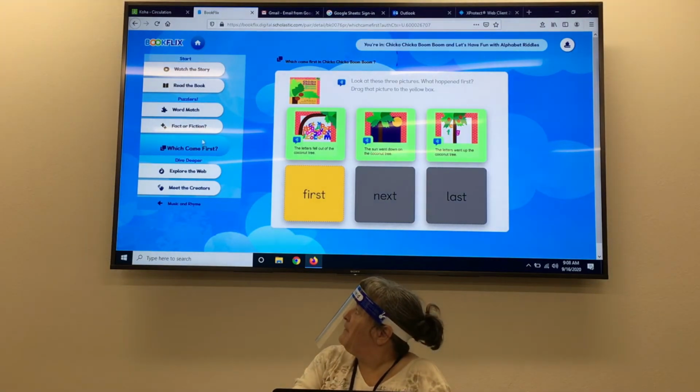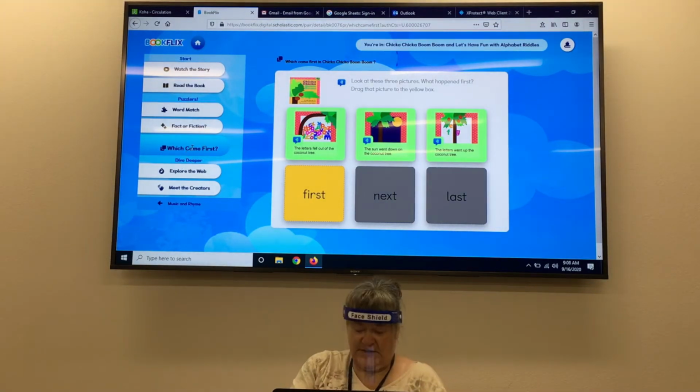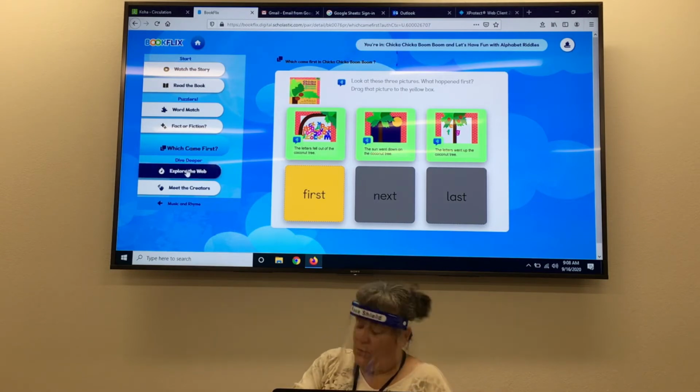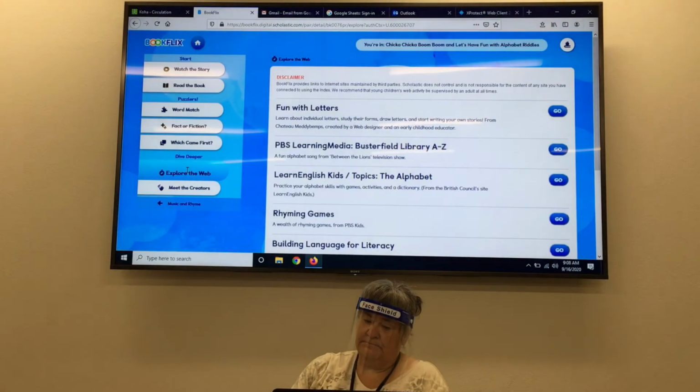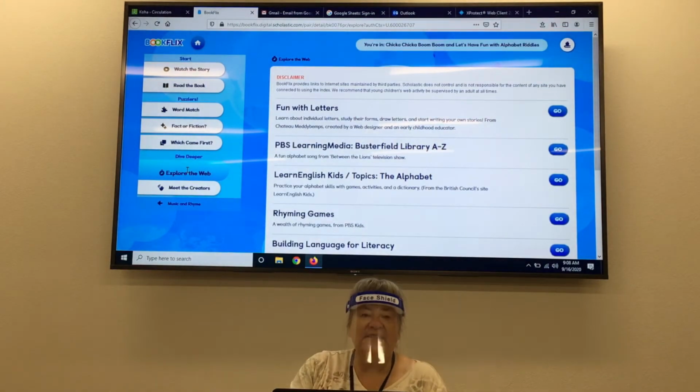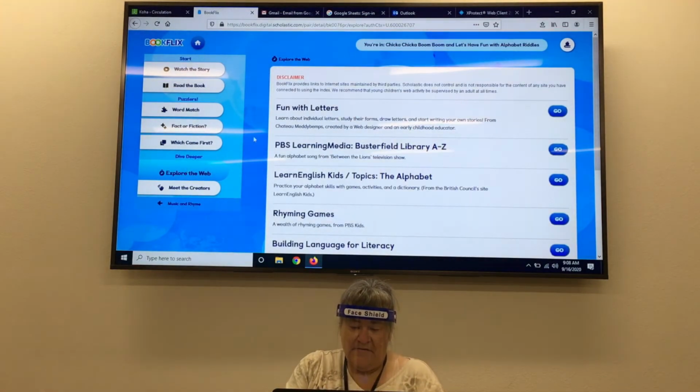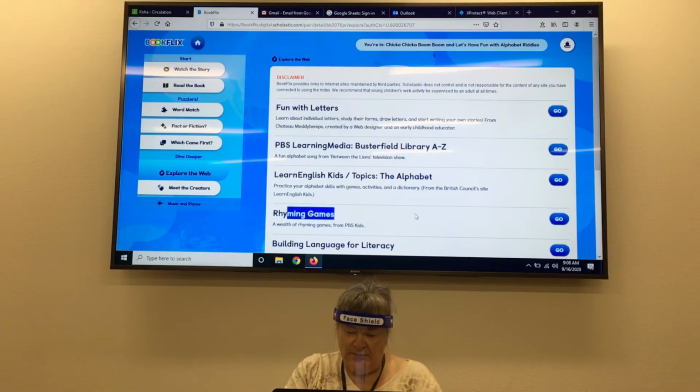Now, over here on our tabs, dive deeper. It says explore the web. If you click on that one, it's going to take you to different websites. Fun with letters, PBS Learning Media, Learn English Kids, Topics the Alphabet, Rhyming Games. It says a wealth of rhyming games from PBS Kids.